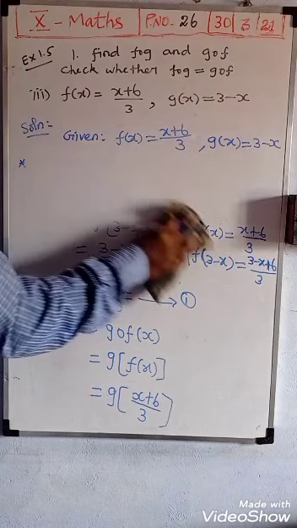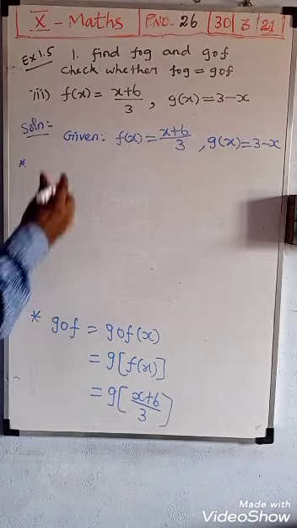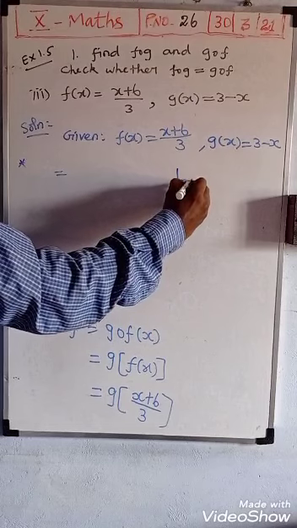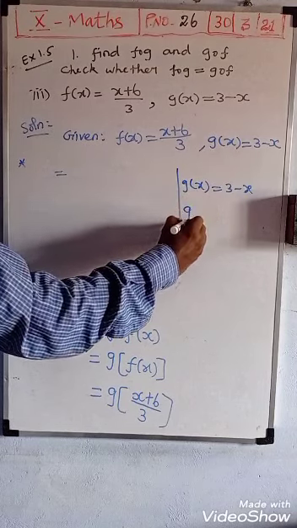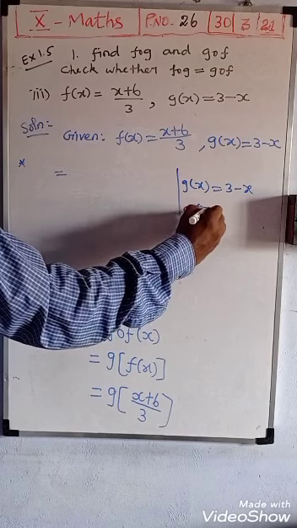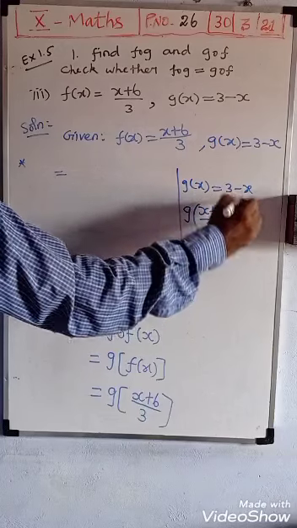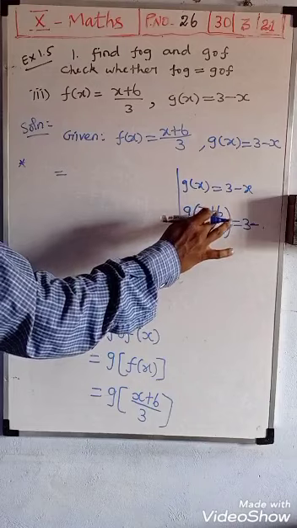See, now g of x is 3 minus x. I need the value of g of (x plus 6) by 3. So instead of x, what do we write? (x plus 6) by 3.